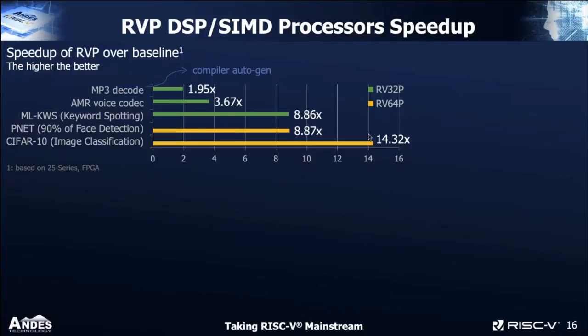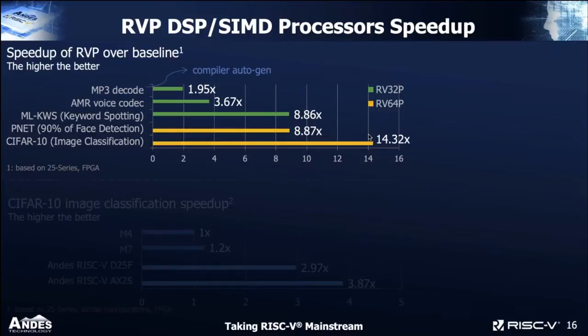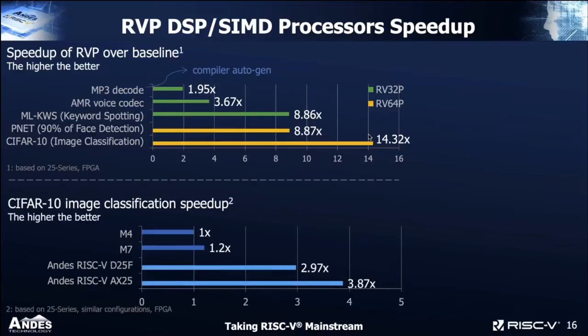And then on CIFAR-10 image classification, we could get almost up to 15x performance. Specifically on the CIFAR-10 image classification speedup over the baseline processor and our competition, we could certainly give 3 to 4x performance depending on different processors. A 32-bit processor tends to be closer to 2 times. A 64-bit processor tends to be close to 4 times acceleration.